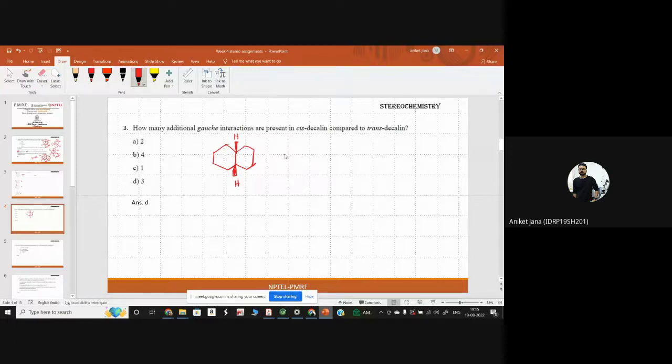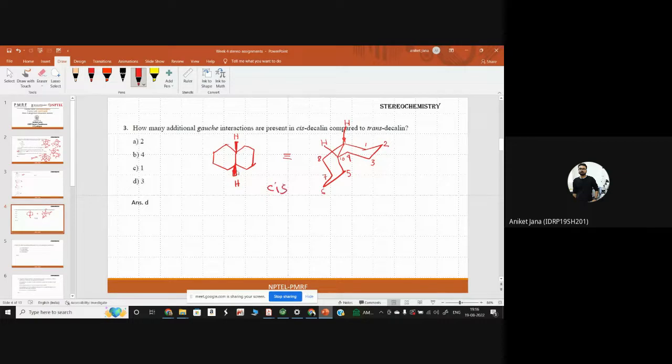And when I am drawing it in the chair form, let's number these carbon atoms. This is cis-decalin.